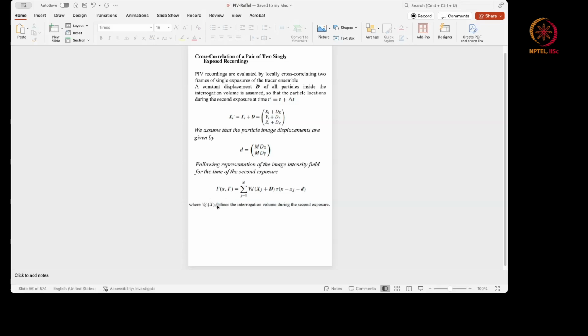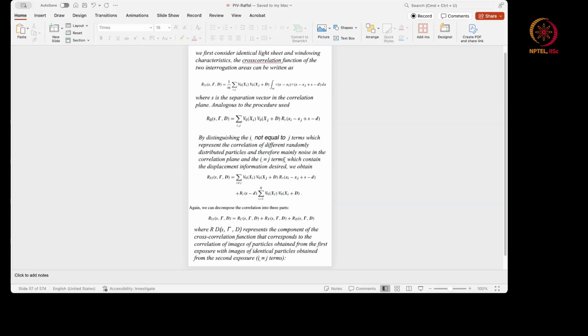V naught prime x defines the interrogation volume during the second exposure. So you can see this is xj plus capital D, which comes from the transfer function, and then tau is the point spread function. Here the small d is the image displacement in the second exposure.